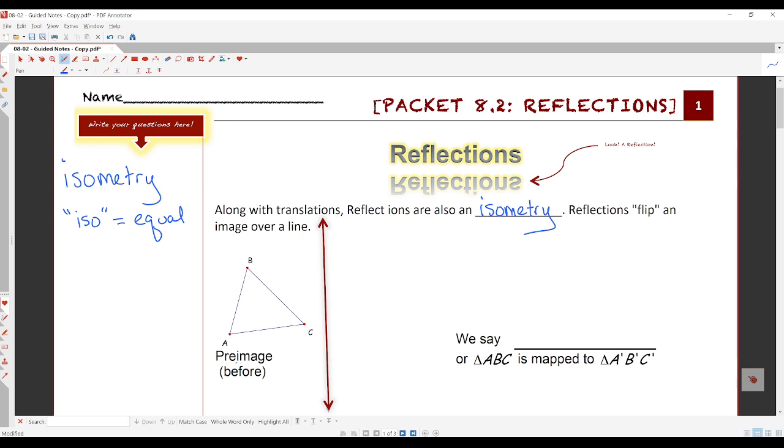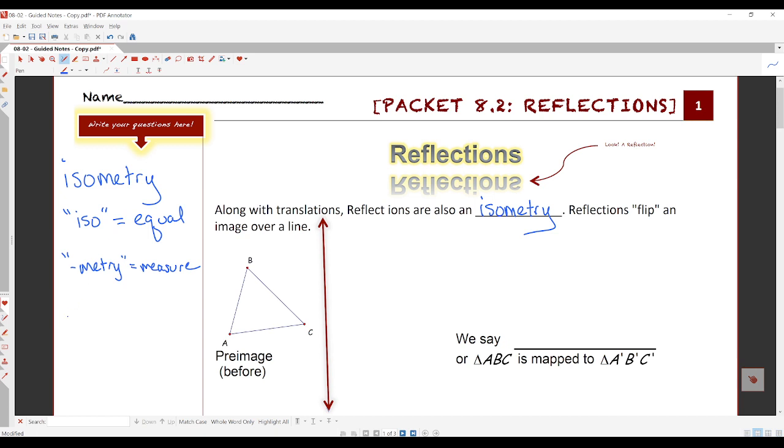So anytime you see that prefix ISO, that just means that something's equal. And the suffix metry, like in geometry, it basically means the measure. So an isometry is when you have two things that have equal measures.